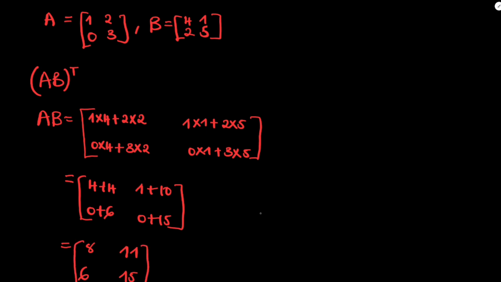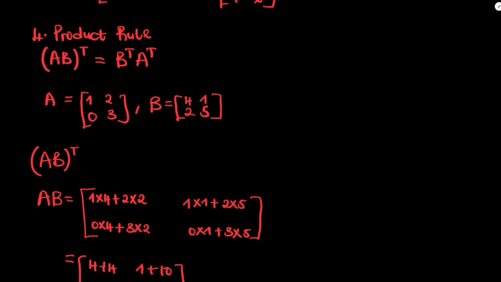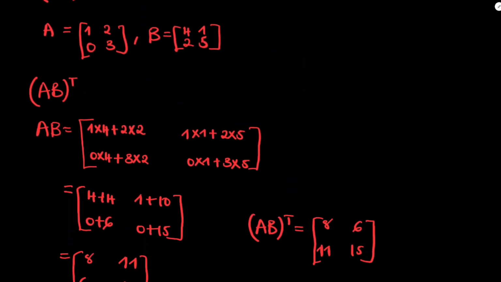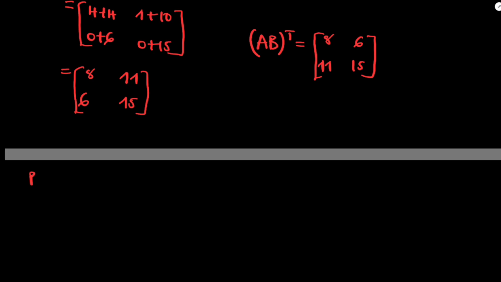So let's take the transpose. The row becomes the column. So 8, 11, 6, 15. Now let's see whether it's the same as the right hand side. So the right hand side is B transpose times A transpose.